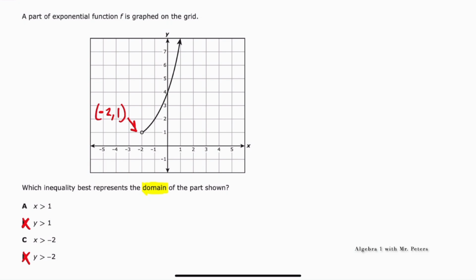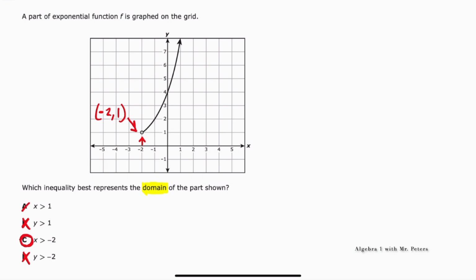They're hoping that you make some type of mistake and maybe pick B, y is greater than 1. But if we're dealing with domain, we're saying, hey, what x values are included, and because it's an open circle, there will not be an or equal to sign. So our correct answer should be x is greater than -2.